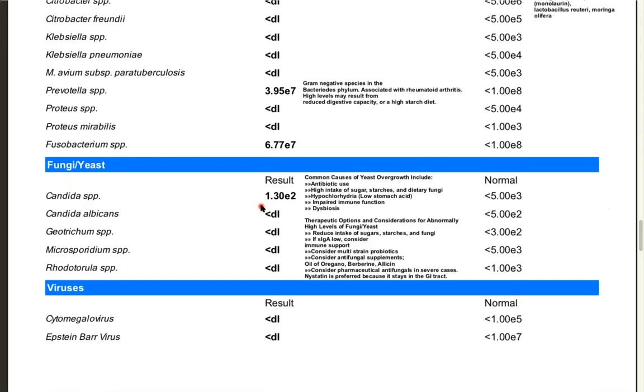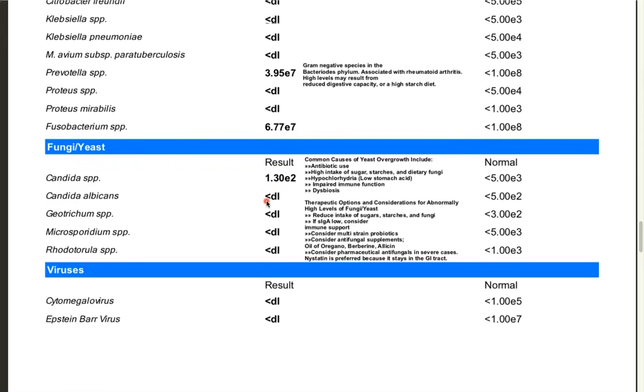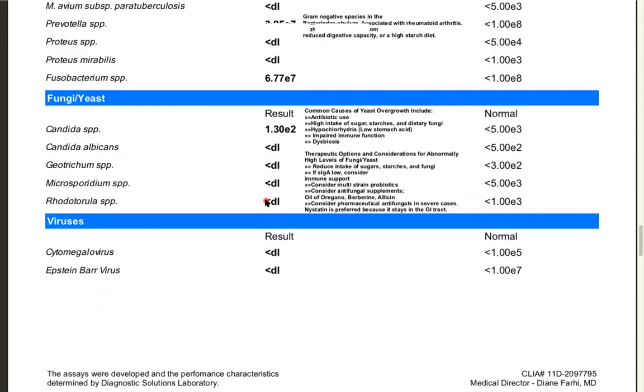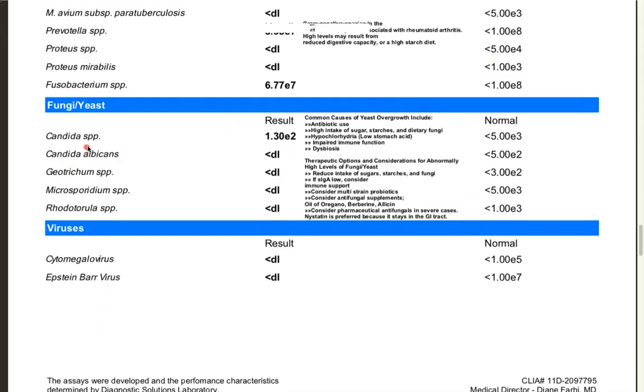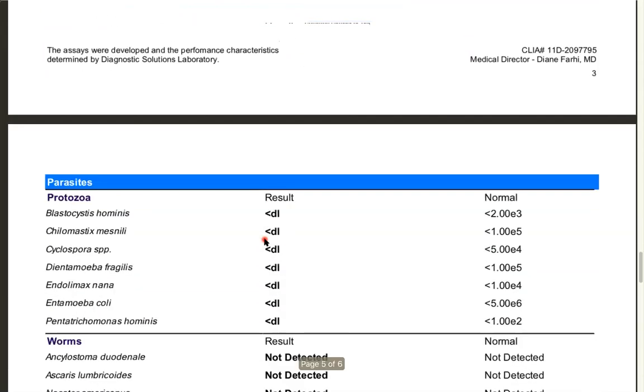It could be caused by low stomach acid, impaired immunity due to stress, perhaps. And it could also be caused by just a general imbalance of bacteria in the rest of the gut. And she has some symptoms of candida, so we might want to address that as well.